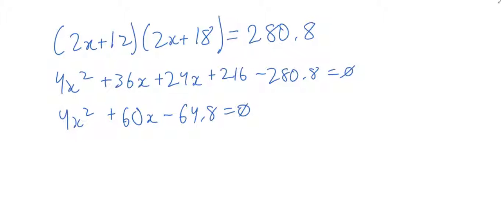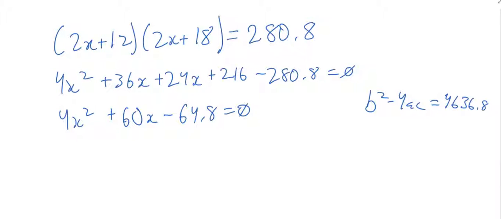So I expanded and simplified and I got that. What are we going to do next? Yeah. And I checked it actually. And I got, so b squared minus 4ac equals 4,636.8.